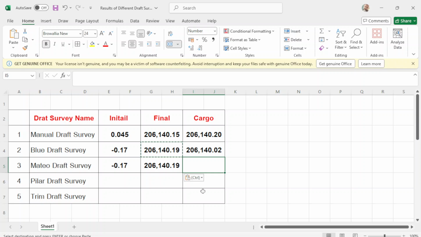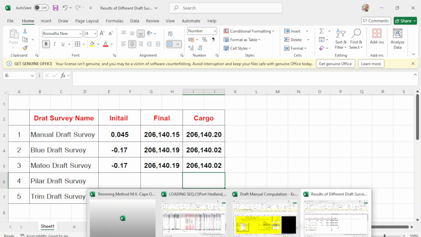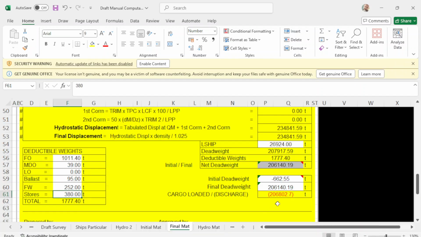Okay. Then your cargo would be this one. And your cargo would be 2061402, which is 2066902. It's already rounded off.